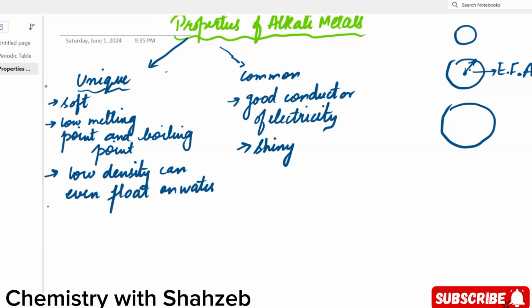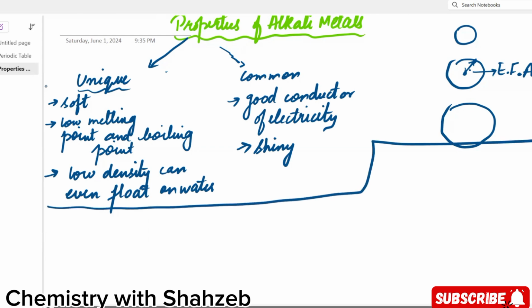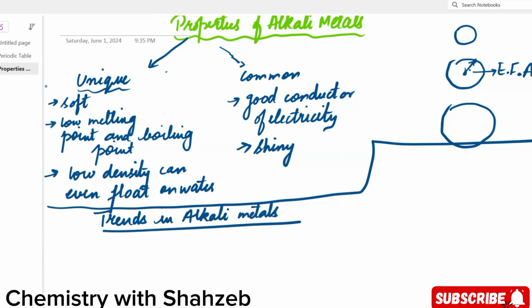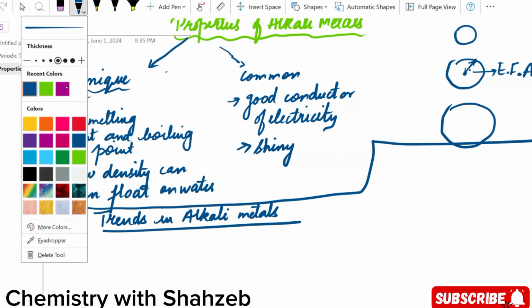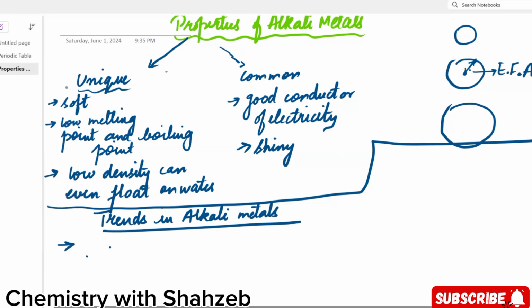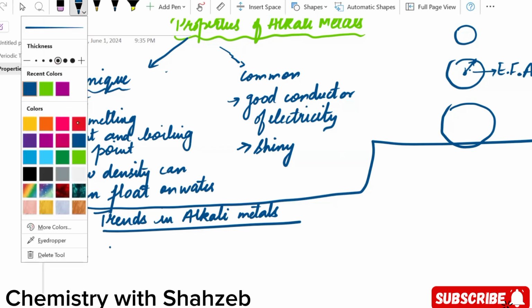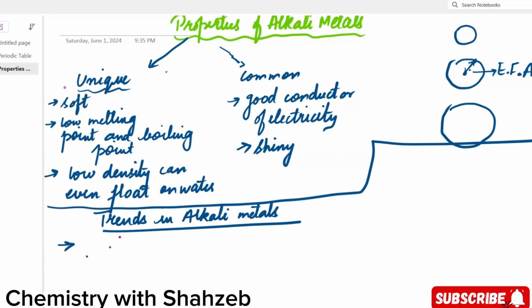Now let's discuss some of the trends in alkali metals. Very important trends. They are also asked in the exam. The first trend is that reactivity increases downward, which we have discussed.